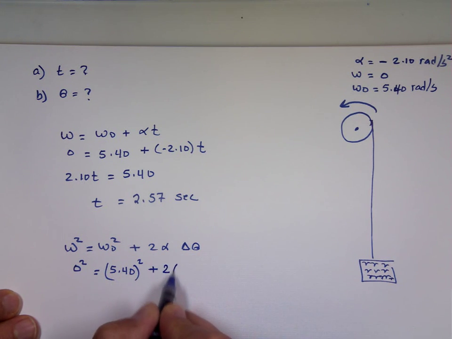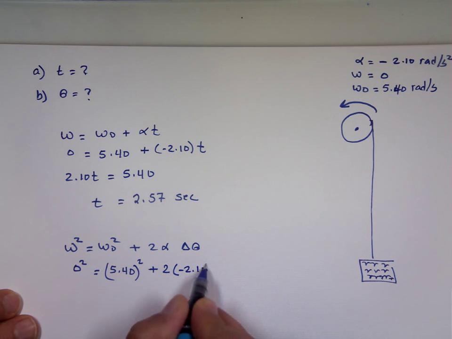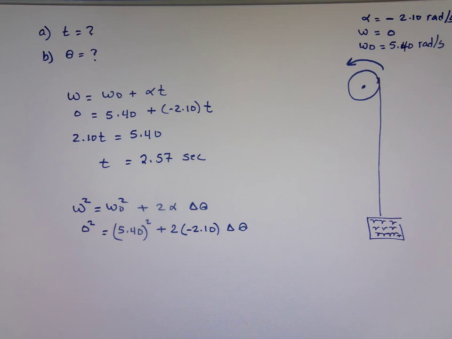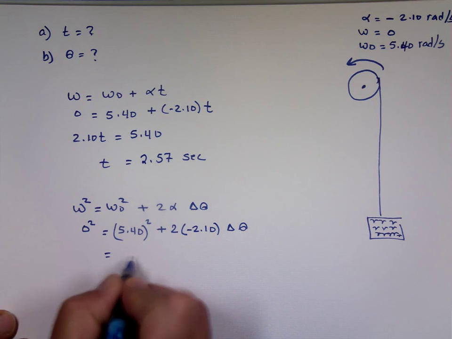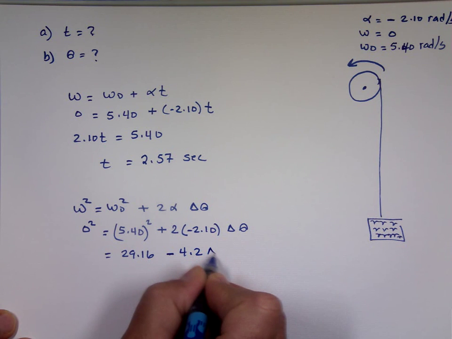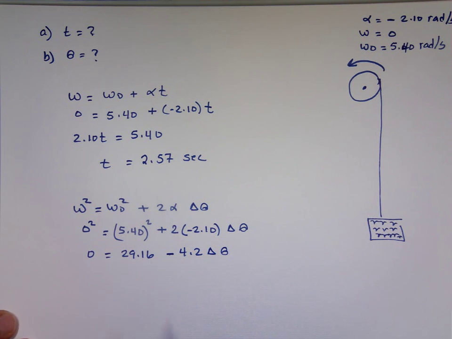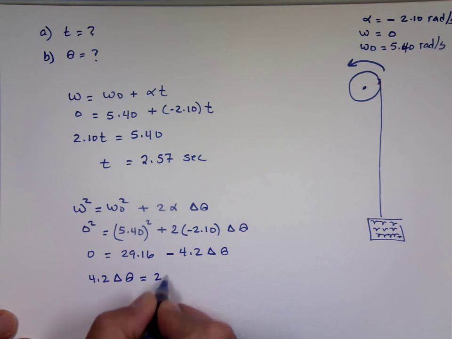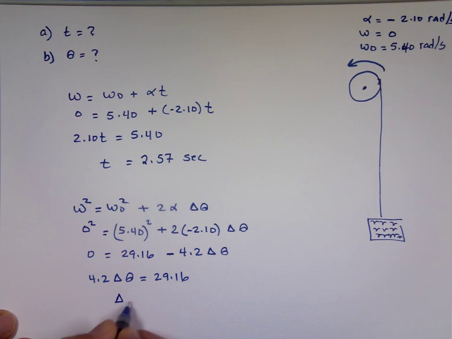Alpha is negative 2.10 times delta theta. 5.40 squared, 29.16, minus 4.2 delta theta equals 0. Move it to this side. What's the change in theta? 6.94 radian.